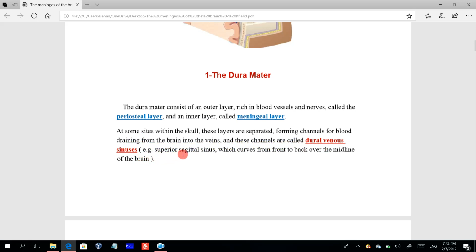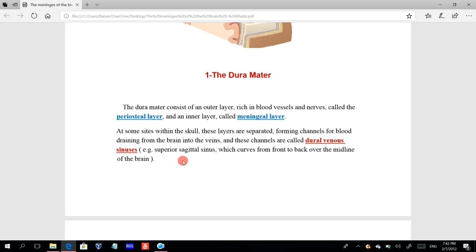We have many dural sinuses, and we will discuss them in a separate lecture later on. So how are these dural venous sinuses formed? They are formed by separation of the two layers of the dura mater at certain situations within the cranial cavity.